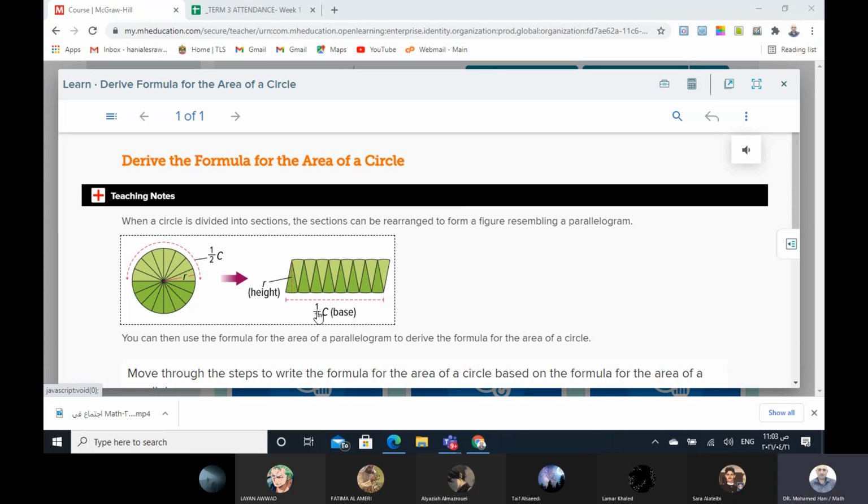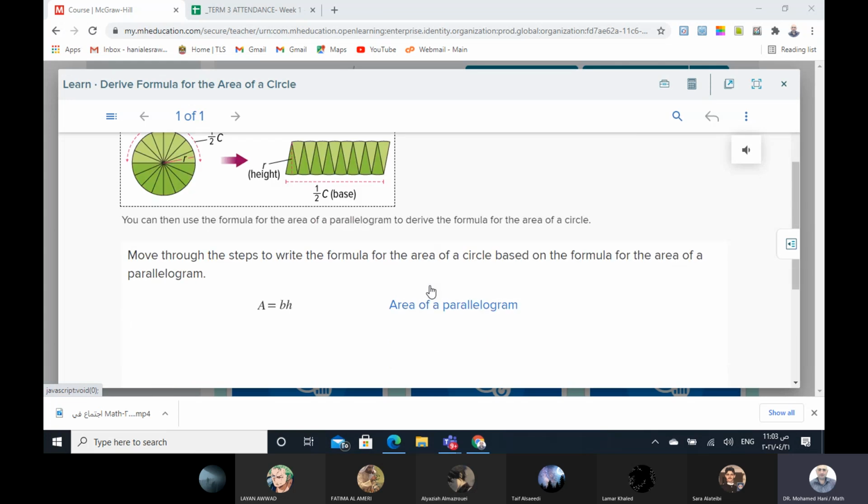So the base equals 1/2 C, 1/2 of the circumference. And the height in the parallelogram is the same as the radius in the circle. So this is the height. And the area of the parallelogram, A equals base times height.